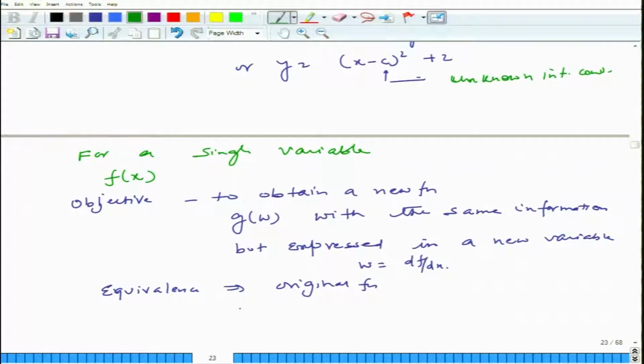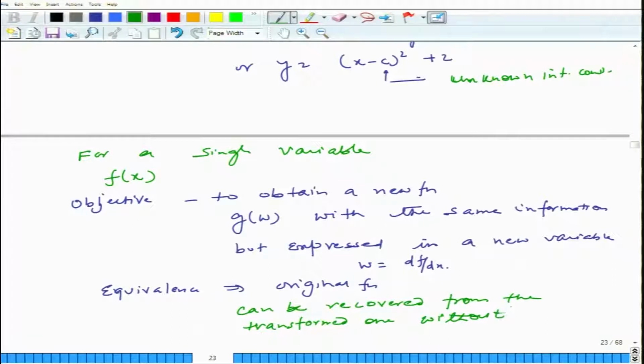So that means it can be recovered from the transformed one without any ambiguity.